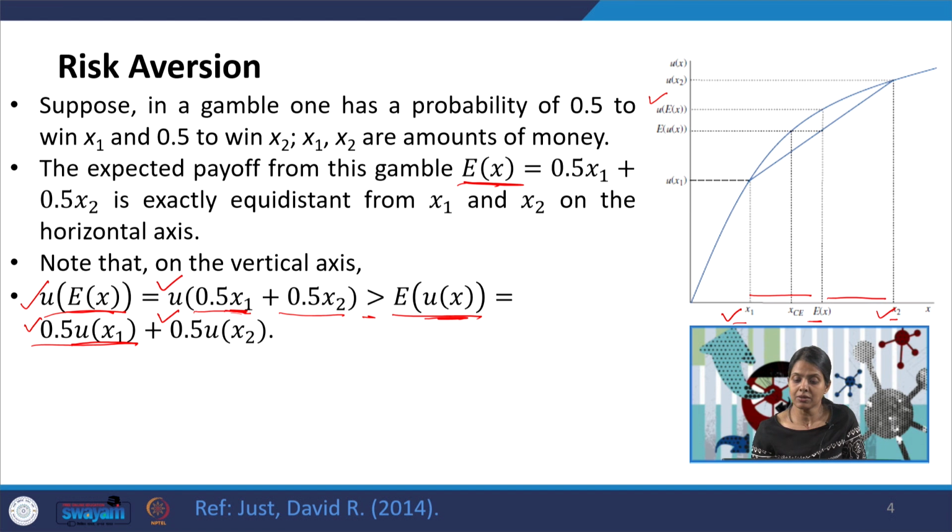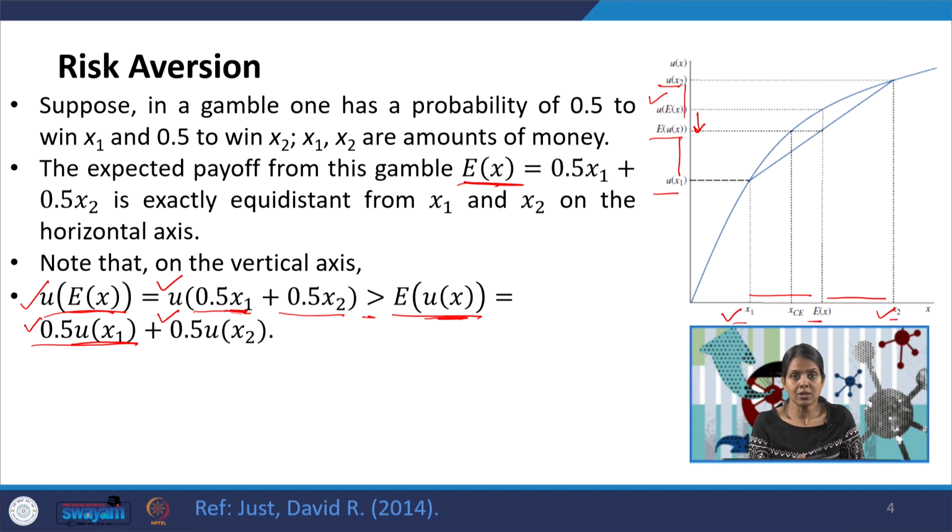And what we observe is that EU(x) is actually lower than U(Ex). EU(x) is exactly halfway between the two utilities associated with x1 and x2. This is the utility associated with x1, this is the utility associated with x2, and the expected value of u(x) is exactly halfway between these two values.